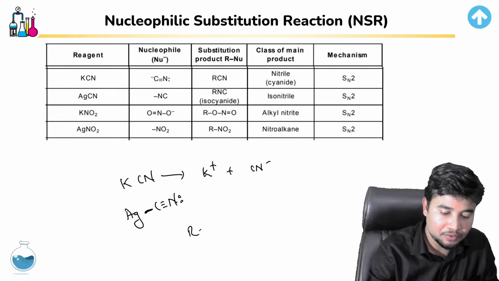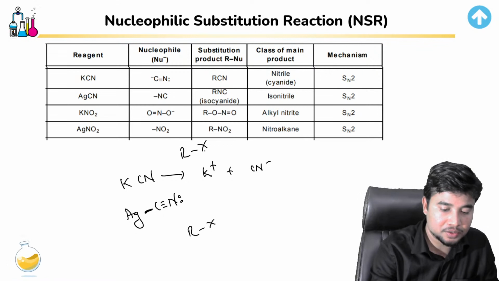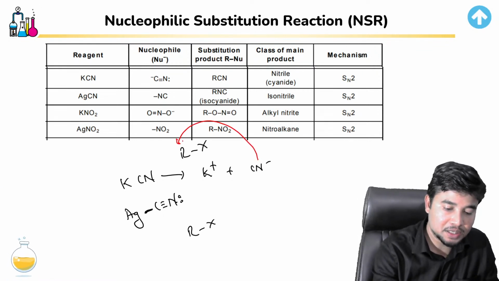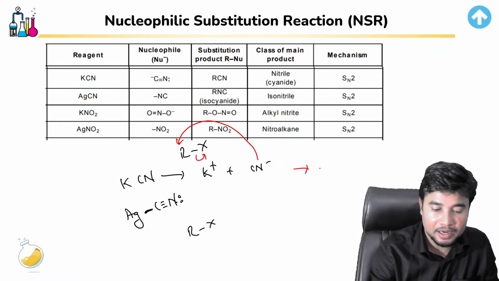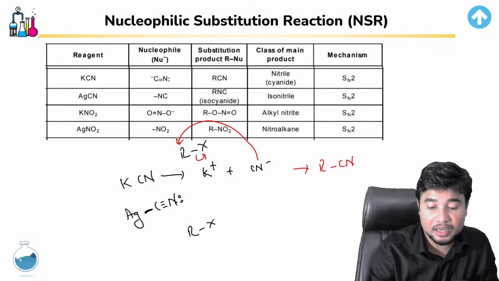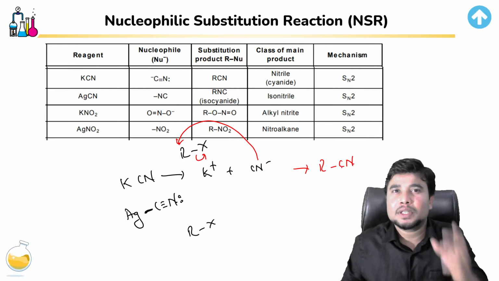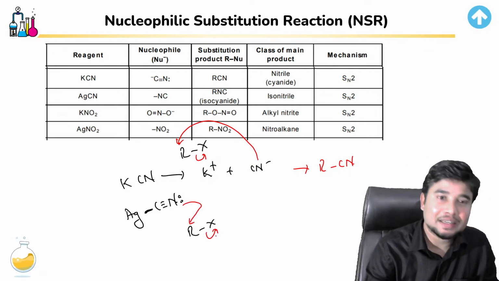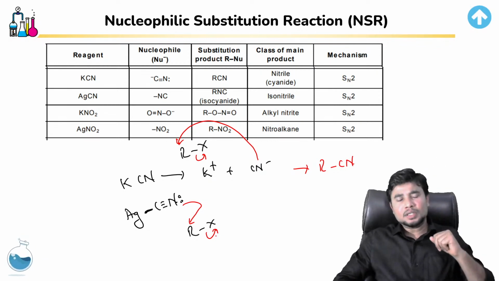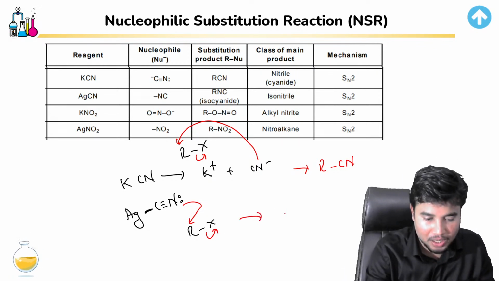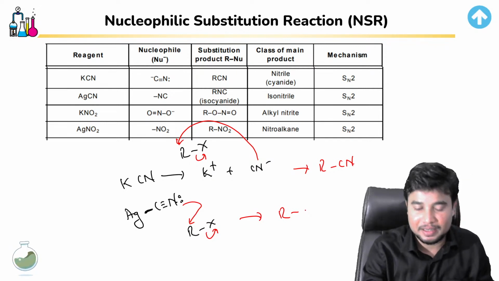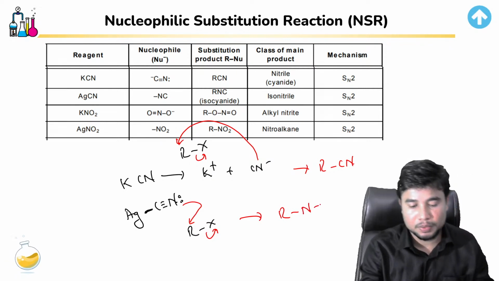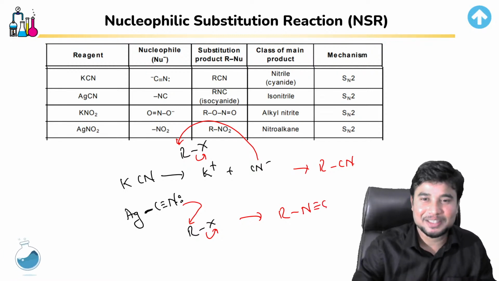So let's say if you have RX over here and RX over here, you could clearly see that here CN minus makes an attack on R and the end product is simply RCN, where the connecting atom is carbon. But in the second case, carbon isn't free. So the attack happens from nitrogen. And if that happens, we can clearly understand that this N is going to be attached to the alkyl group. And for that reason, RNC would get created.